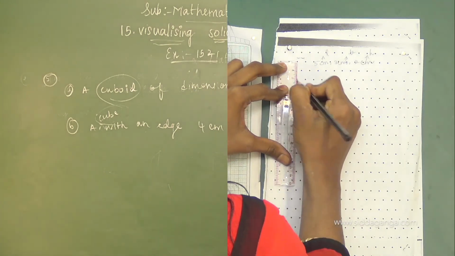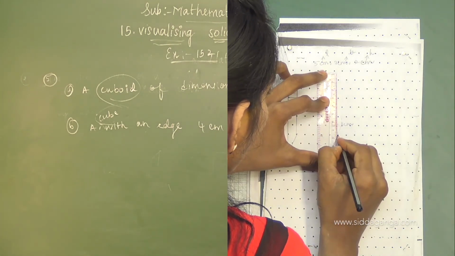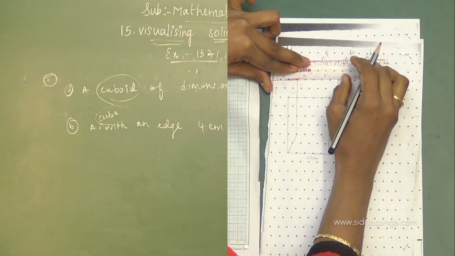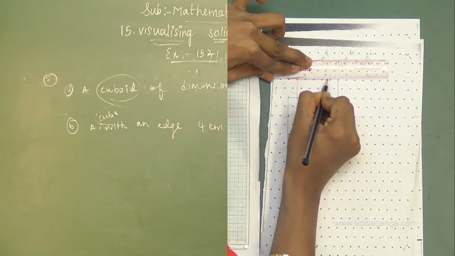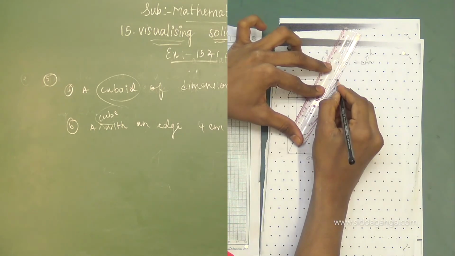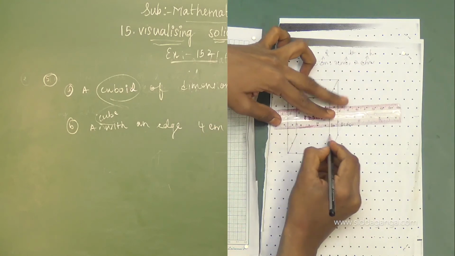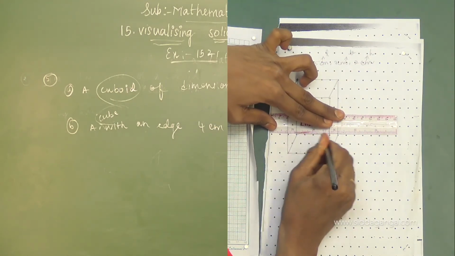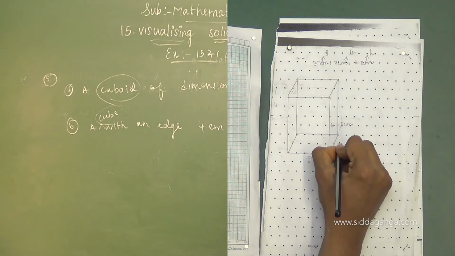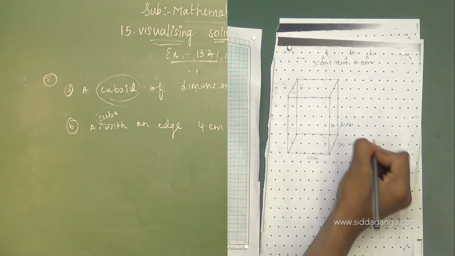See, this one is a cuboid with dimensions 5 centimeters length, breadth 3 centimeters and height 2 centimeters.